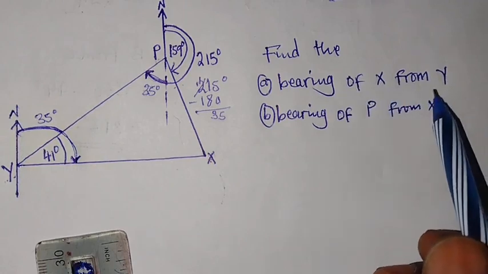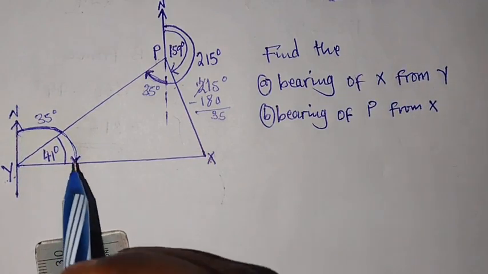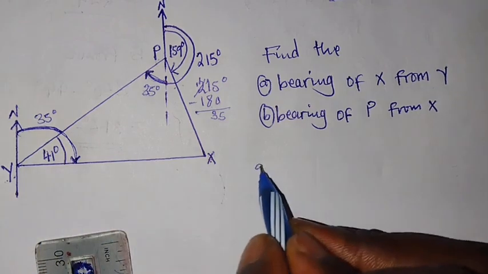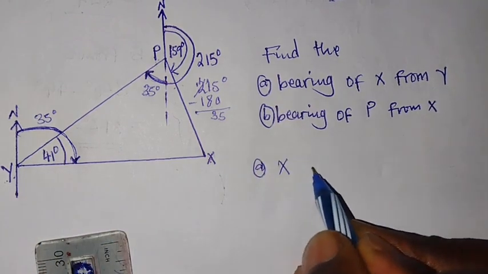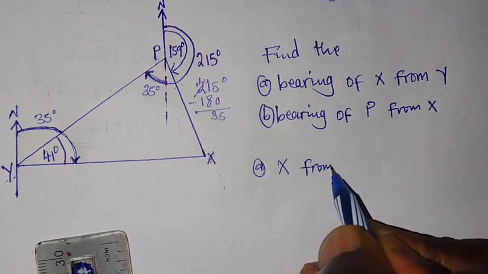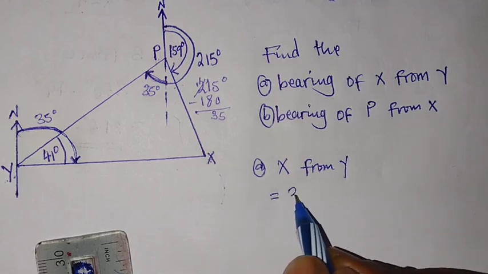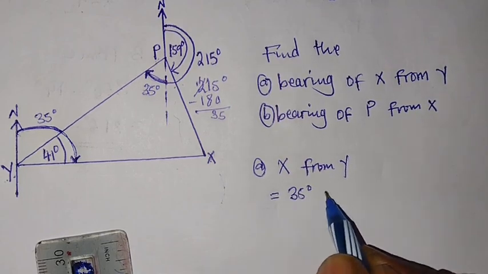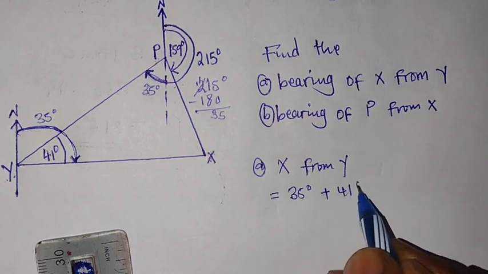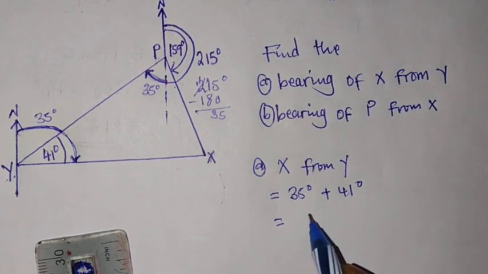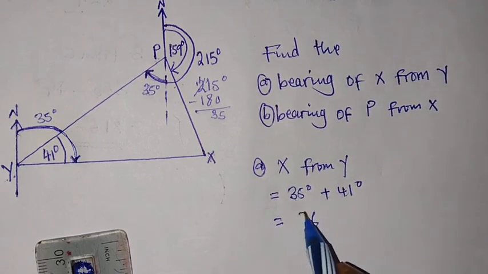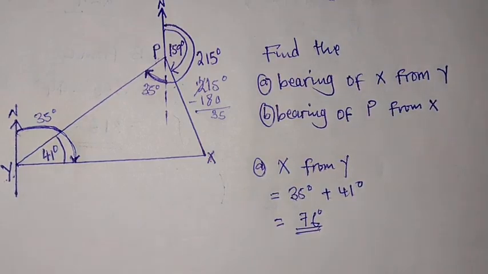We just need to add. Therefore the bearing of X from Y is equal to 35 degrees plus 41 degrees. 5 plus 1 is 6, 3 plus 4 is 7. So this gives us 76 degrees.